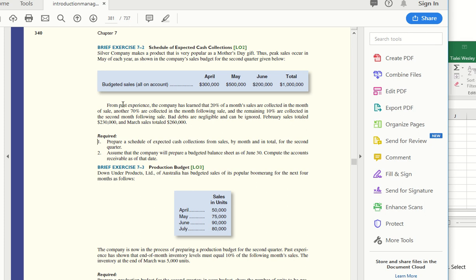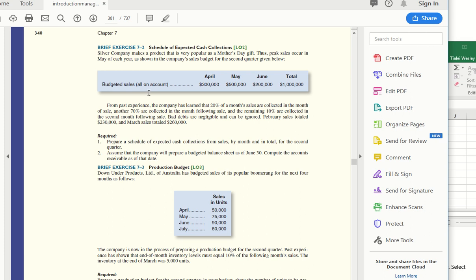Since these sales are all on account, we have to be careful lending credit to customers who are not credit worthy and won't pay us back. If bad debts are negligible, only a tiny portion will not come back to us, and it's not important, like $1. It's just a small amount we don't have to worry about.